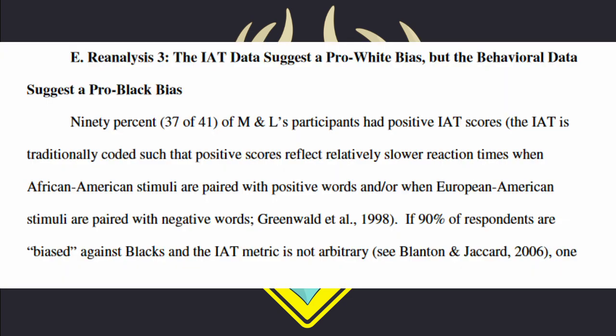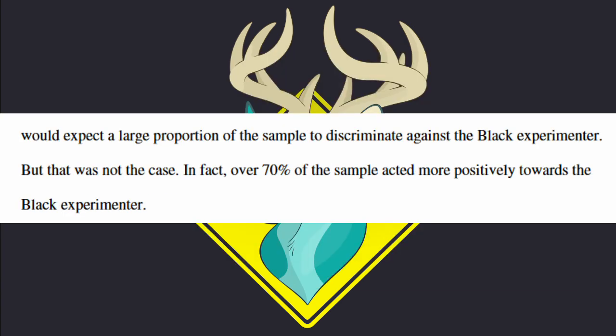"90% of M&L's participants had positive IAT scores. The IAT is traditionally coded such that positive scores reflect relatively slower reaction times when African American stimuli are paired with positive words and/or when European American stimuli are paired with negative words. If 90% of respondents are biased against blacks and the IAT metric is not arbitrary, one would expect a large proportion of the sample to discriminate against the black experimenter.